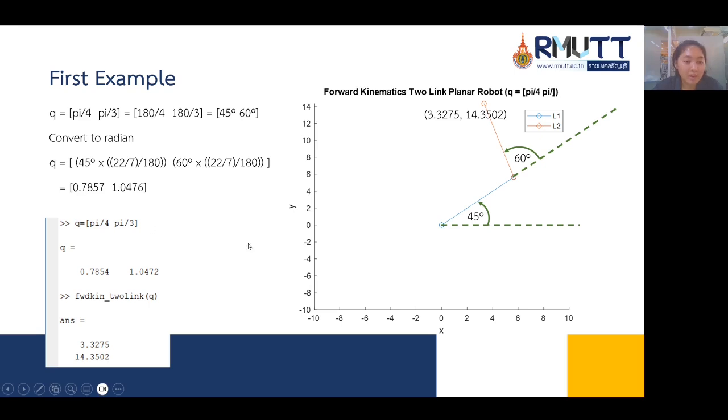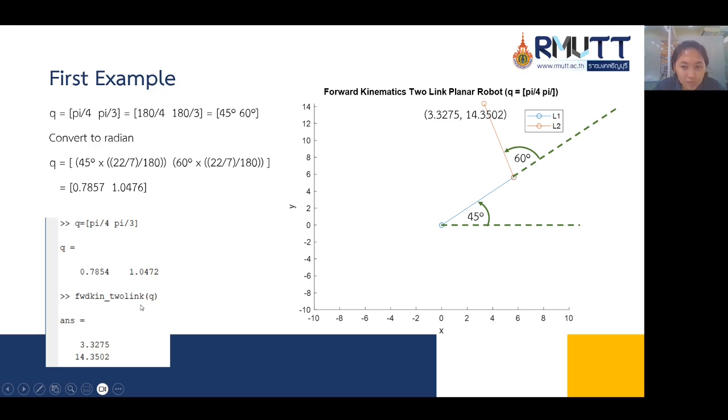We write the M file first, and after the M file of the forward kinematics is done, we can put the variable value of q. This is a row matrix with the elements pi divided by 4 and pi divided by 3. The result is similar, and then we just call the M file name for forward kinematics with variable q.